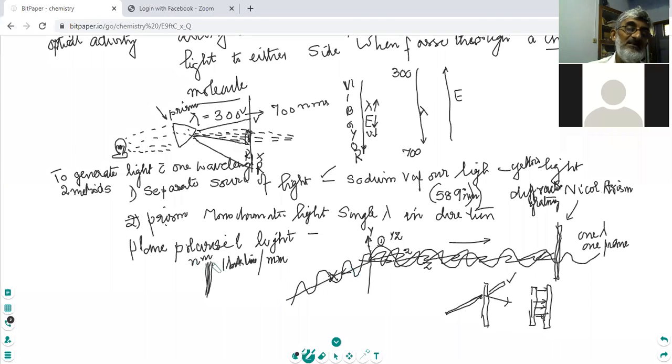Okay, so the distance between the lines, see here, this distance should be less than this value.